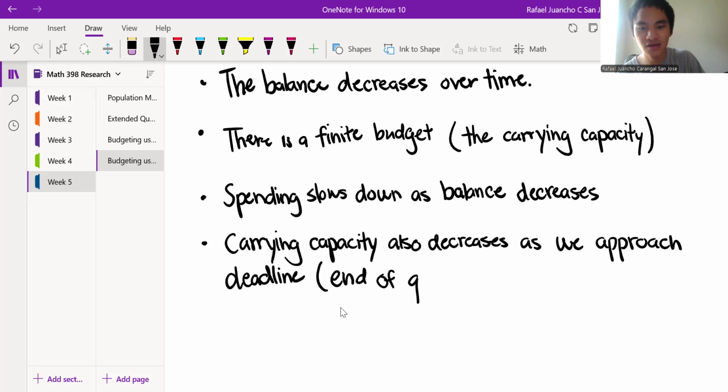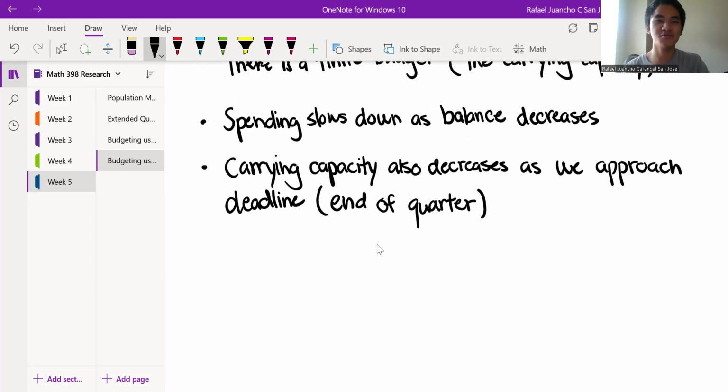That's because here at the University of Washington, at least here in Seattle where I'm studying, it's a quarter-based system. So we have fall, winter, spring, and summer quarter. By the end of summer quarter, my resident plan balance will actually be gone if I don't spend all of it.